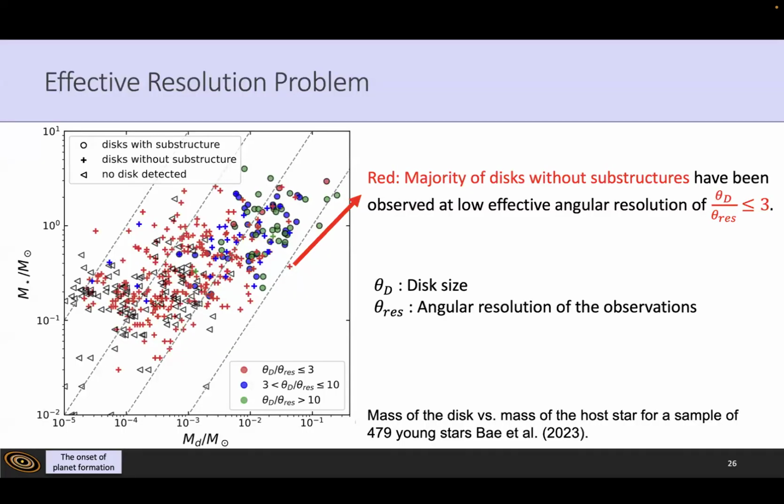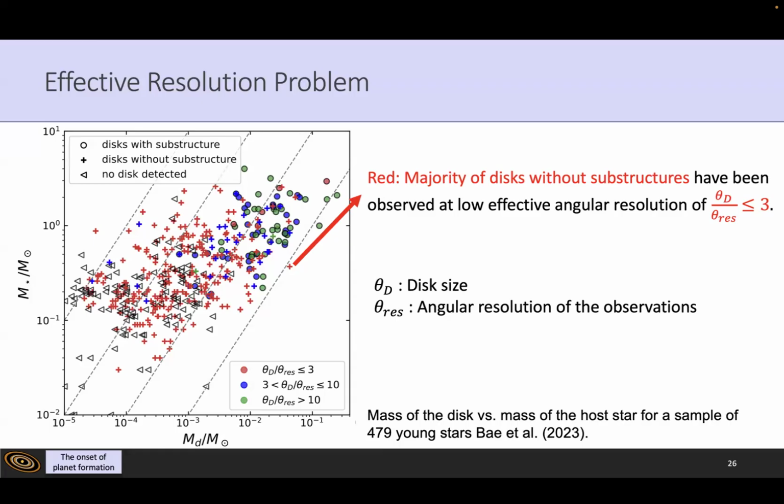To have a uniform search of disk substructures, it's important to take into account the effective angular resolution. As pointed out by Protostars and Planets 7, Bellero 2023, the majority of the disks without substructures have been observed at low effective angular resolution, with the diameter of the disk only sampled in 3 beams.